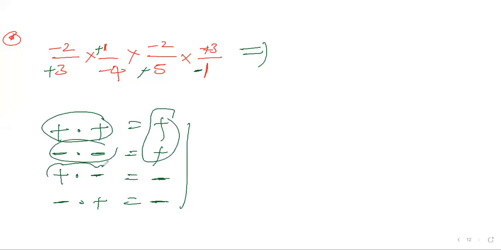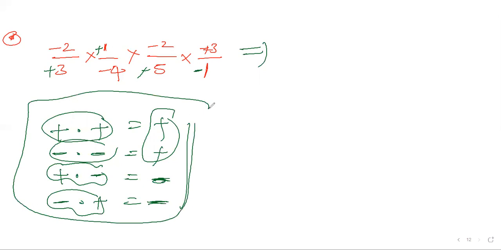Both are different, any one is different, you are going to get minus. This table is important. Similarly with this table, minus into plus, minus. Then minus into minus, plus. Next plus into plus, plus.